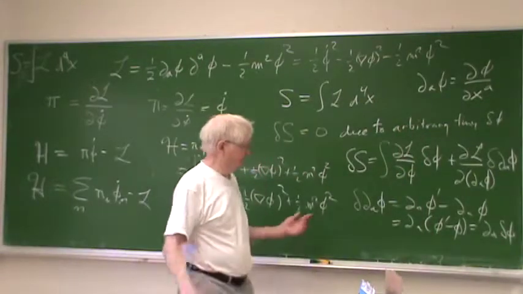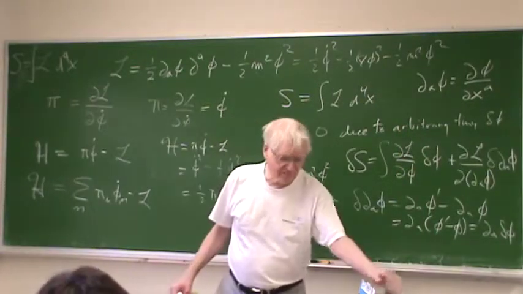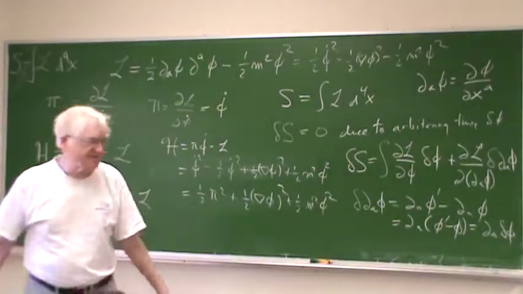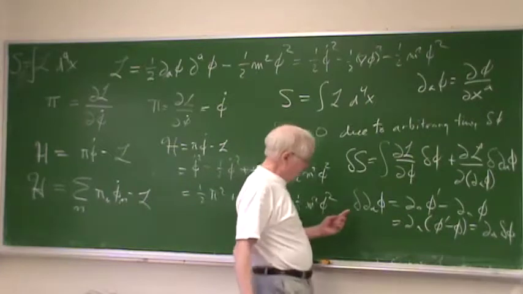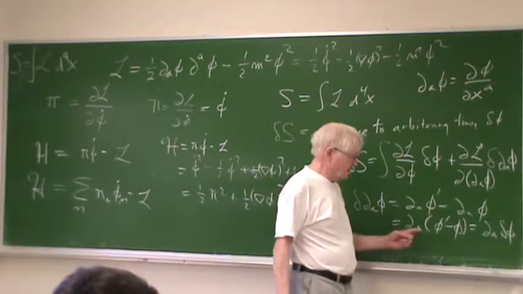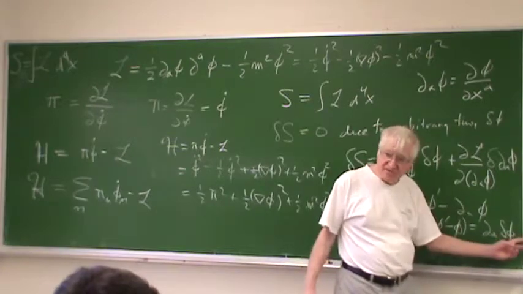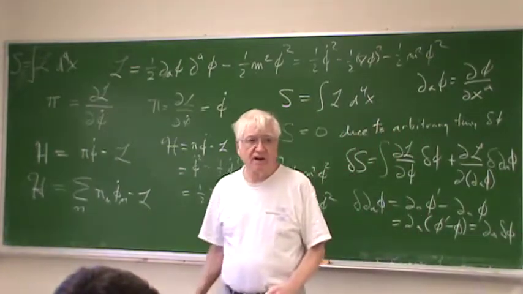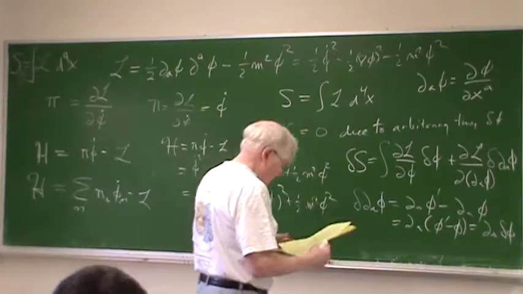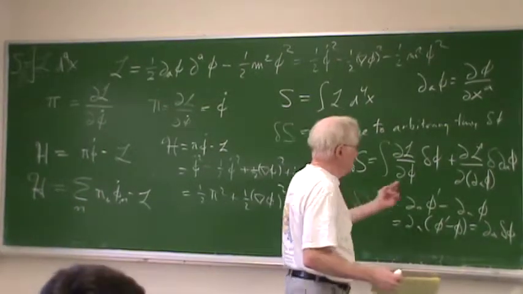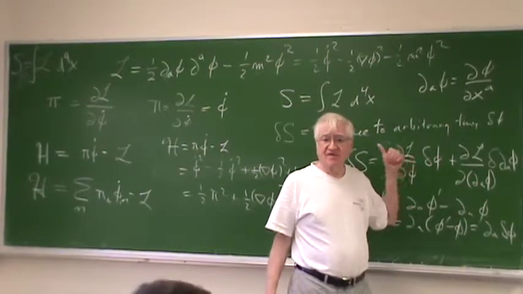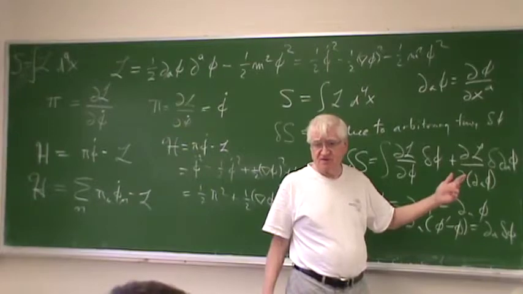So the point here that I'm emphasizing, just because it's skipped in almost every book, is that the change in the derivative of the field is the derivative of the change in the field. And okay, so that means, and we don't have to go any higher because we're only considering action densities that involve the field and the first derivatives.